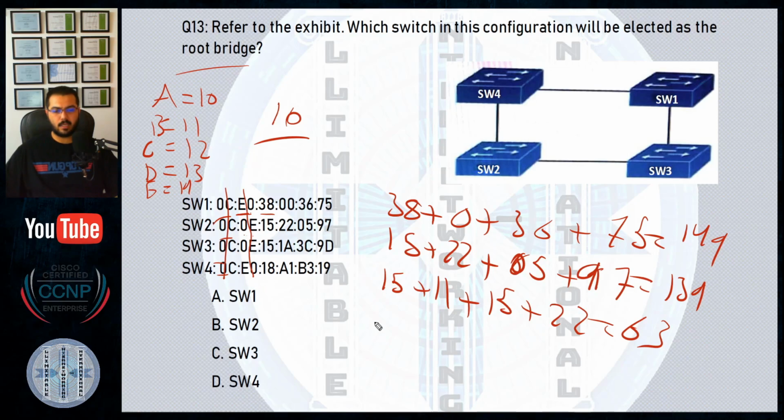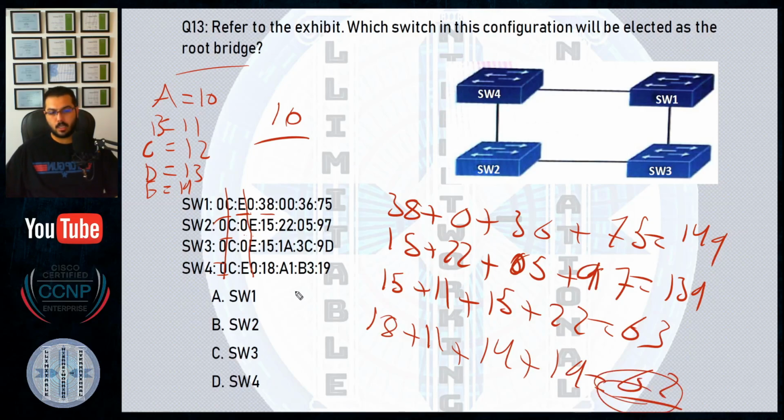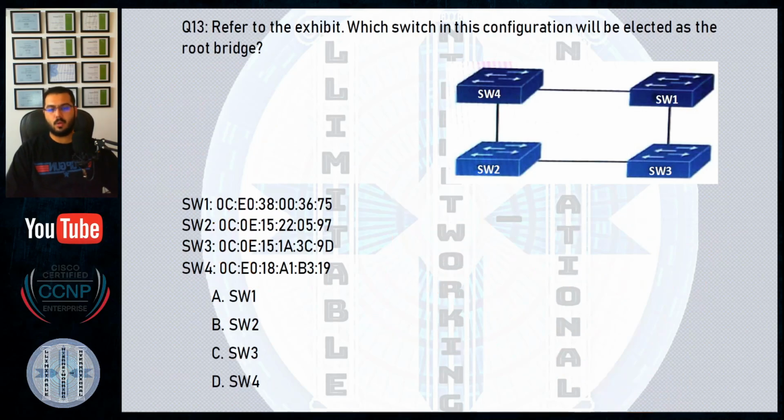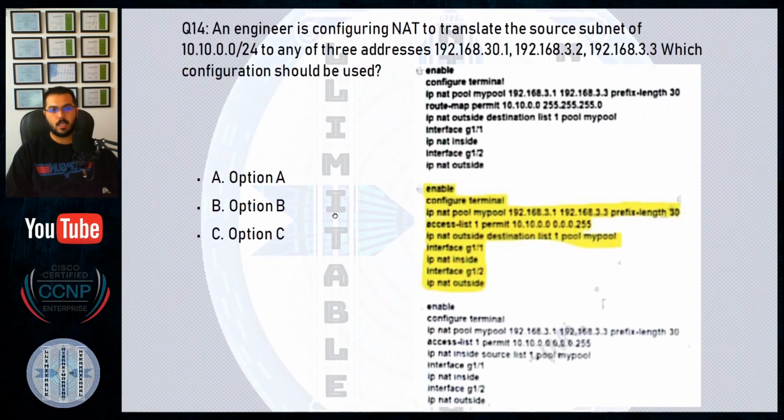Okay, the last one will be 18 plus A1, which is also 11, B3, so that will be 11 plus 3, 14, and 19. 18 plus 11 will be 29, 29 plus 14 will be 43, 43 plus 19 will be like 42 plus 20, so that will be 60. So this one is the lowest numerical value in the MAC addresses, which is the fourth one, switch 4. So I will pick switch 4 because there is no calculator in the Cisco exam.